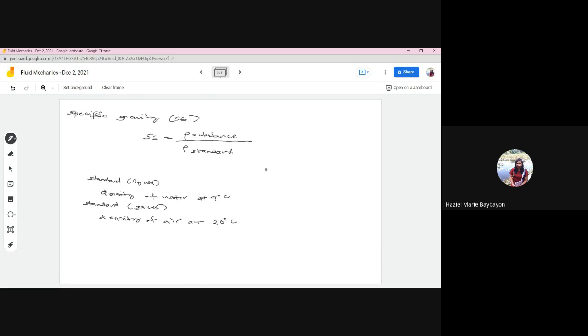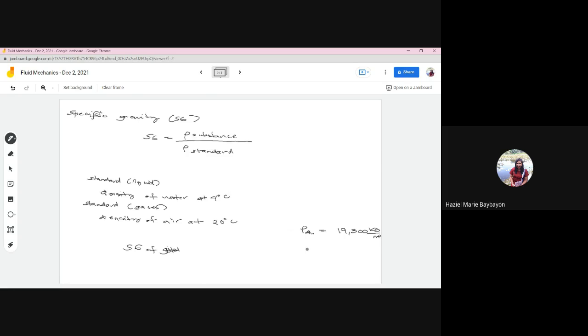So, where do we use specific gravity? For example, the specific gravity of, say, ice or gold, since we already know the density of gold. The density of gold, Au, is equal to 19,300 kilograms per meter cube.